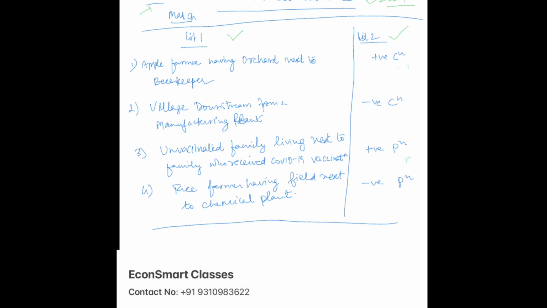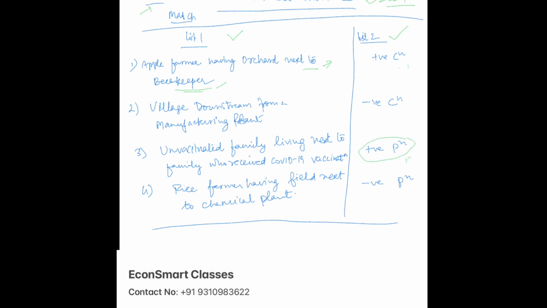Okay, so first is apple farmer having orchard next to beekeeper. Now as we can clearly see that a farmer having orchard which is next to a beekeeper, right? This is an example of what? So farmer is going to produce, right? So it's a part of production and it's next to beekeeper, so it's going to benefit from having its orchard next to beekeeper, and that's why it's an example of positive externality.